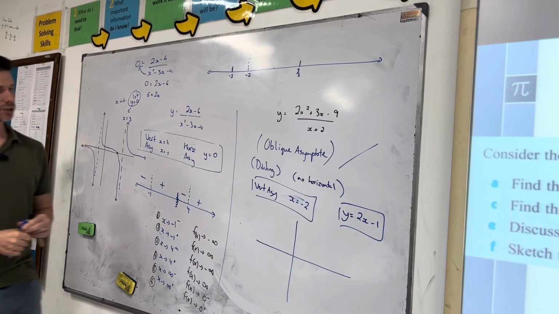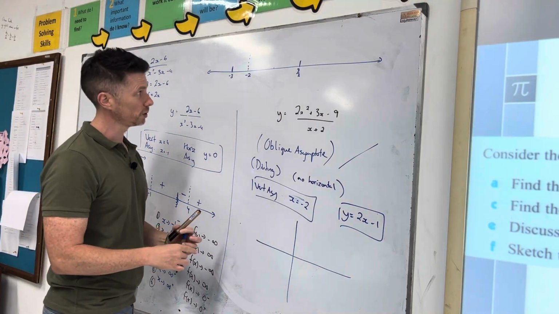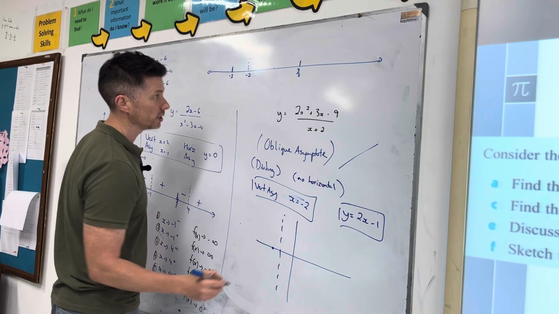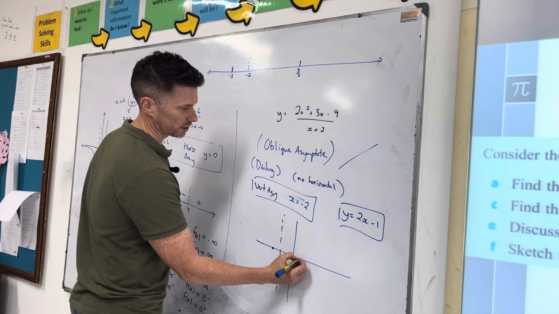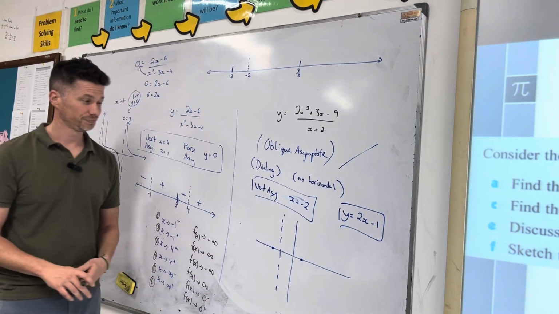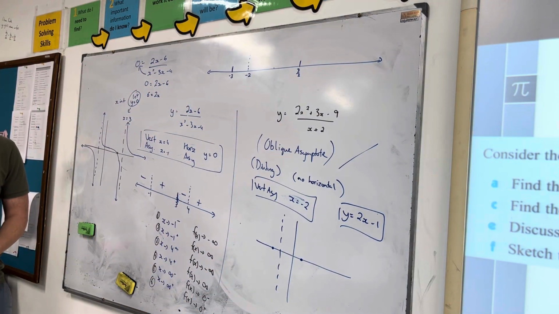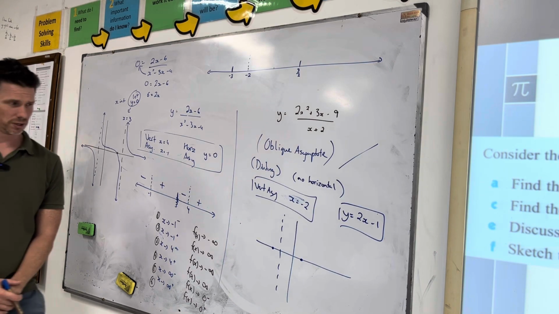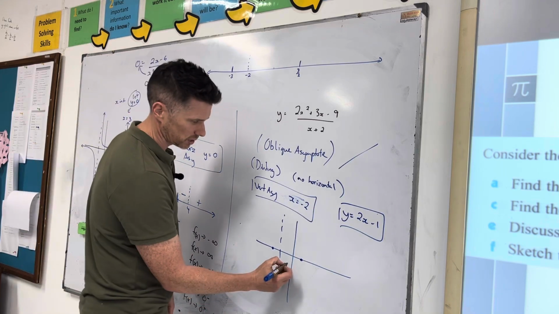We could sketch the function first. We know a few things about the function. We know it doesn't cross minus 2. It does cross at minus 3, and it also crosses at 3 over 2. But we also know there's an oblique asymptote, 2x minus 1. So you can plot that.